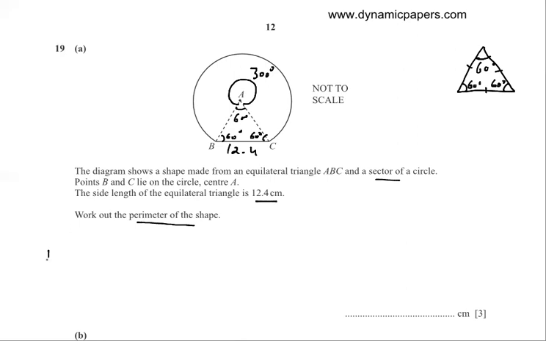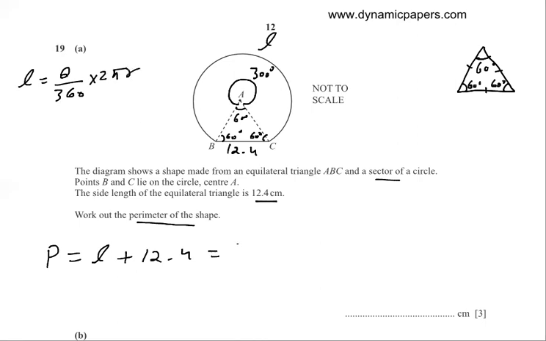So what will the perimeter be? The perimeter will be the arc length. Let's suppose it is L. L plus 12.4, because of this side. Now what is L? We know the formula of the arc length. Arc length is always theta over 360 multiplied by 2 pi r. What is theta?